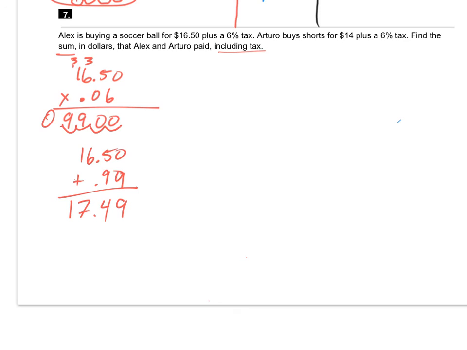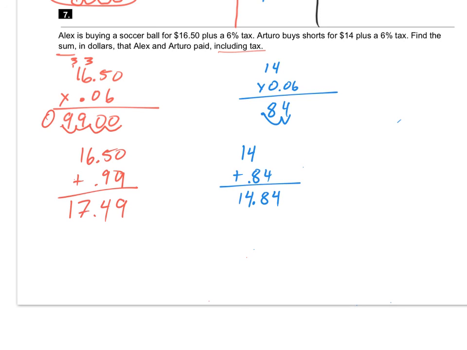Now let's look for how much Arturo is paying. He has $14 times, again, the same tax, 0.06. So we have two decimal places, so he's paying 84 cents for tax. And now we know that 14 plus 0.84 is going to give you 14.84.